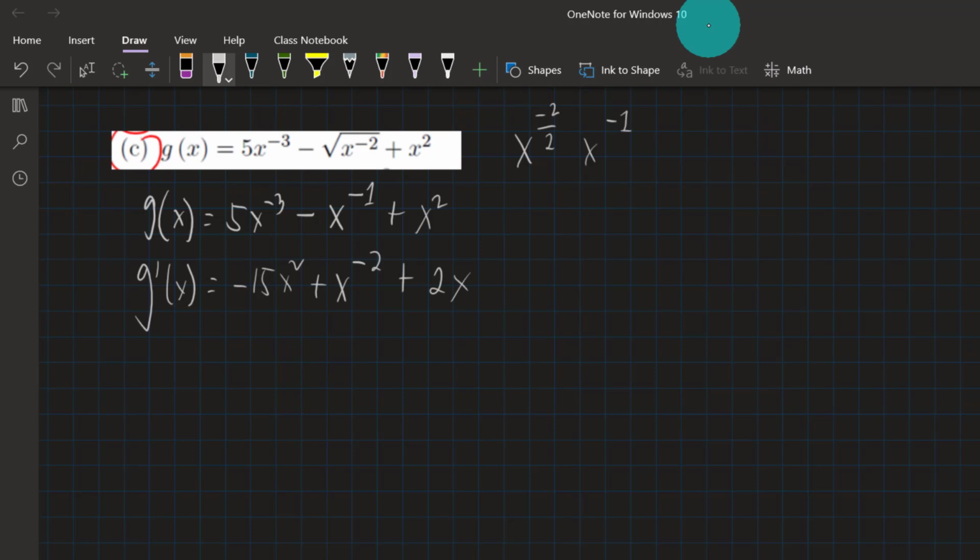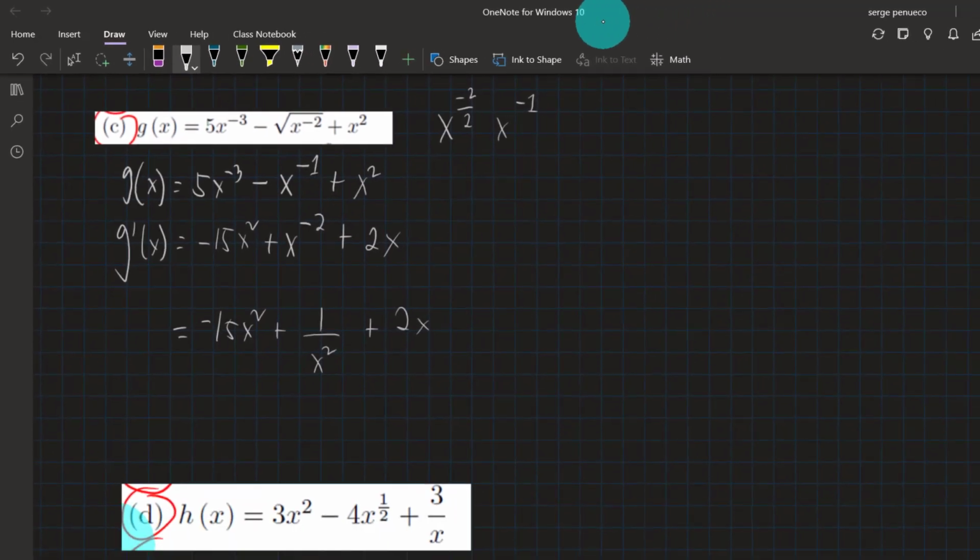Then we can still simplify this by negative 15x squared plus 1 over x squared plus 2x. O, either of the two, pwede yan. Next.